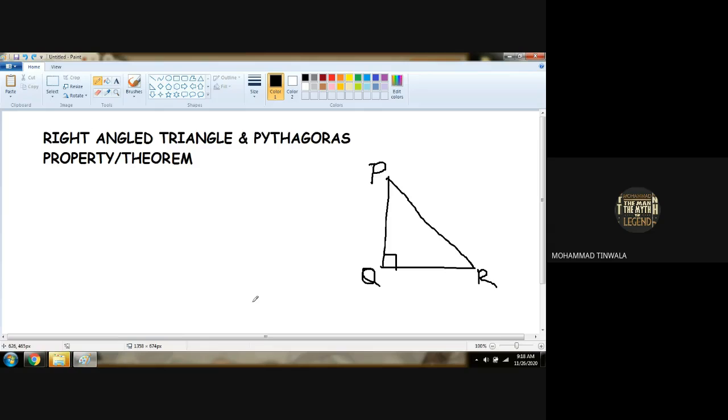What we have to recognize is that the side opposite the corner of the right angle, its length is always known as hypotenuse. What is this side known as? આને શું કહેવાય? Hypotenuse.